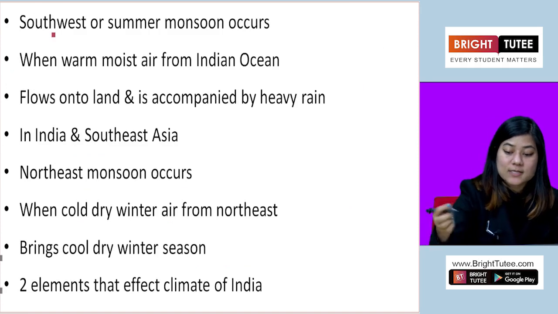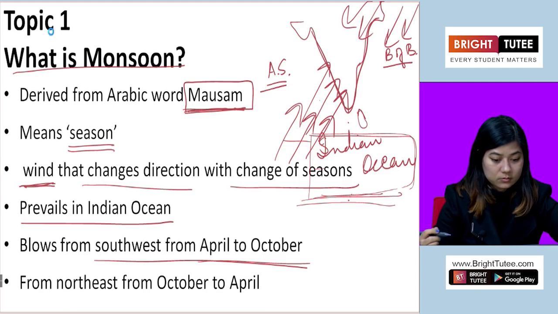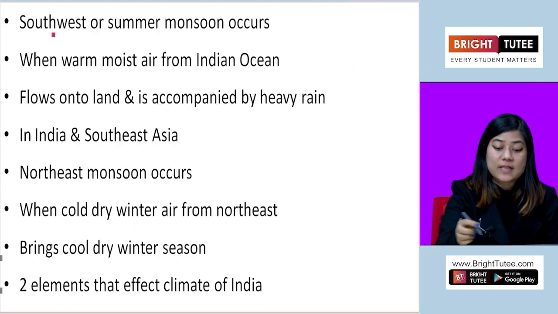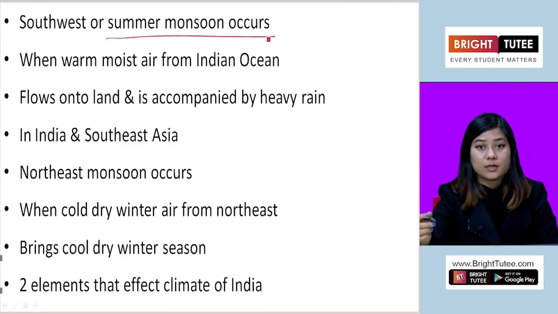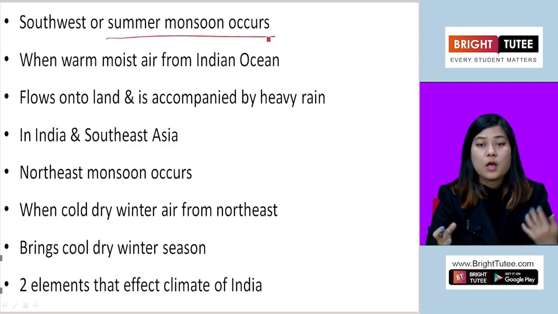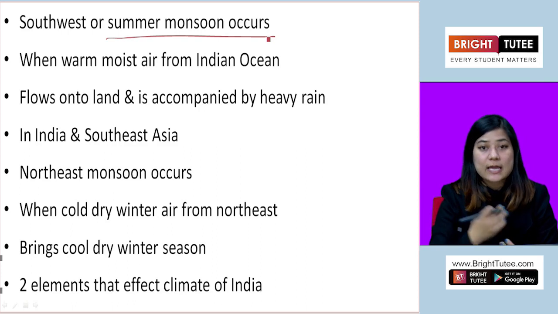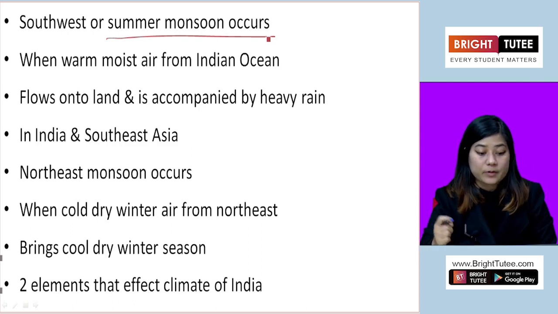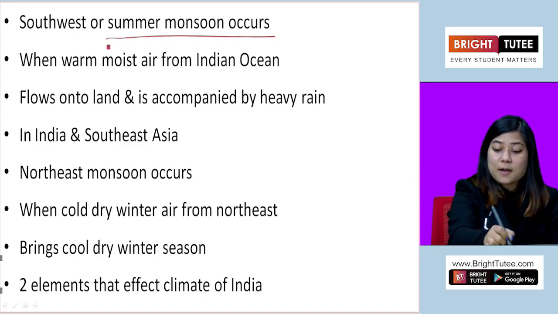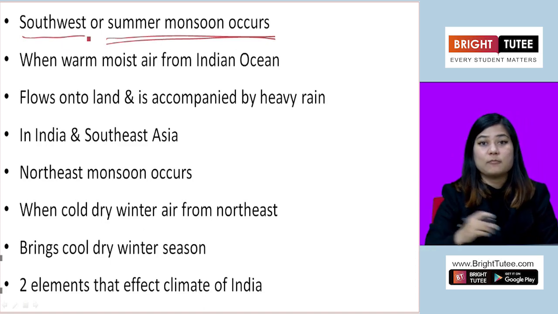So the southwest. So as a result of that, summer monsoon occurs according to where these monsoon winds blow from. One from the southwest and one from the northeast. April to October, October to April. So accordingly, what happens? Summer monsoon occurs, or it is also called southwest monsoon.